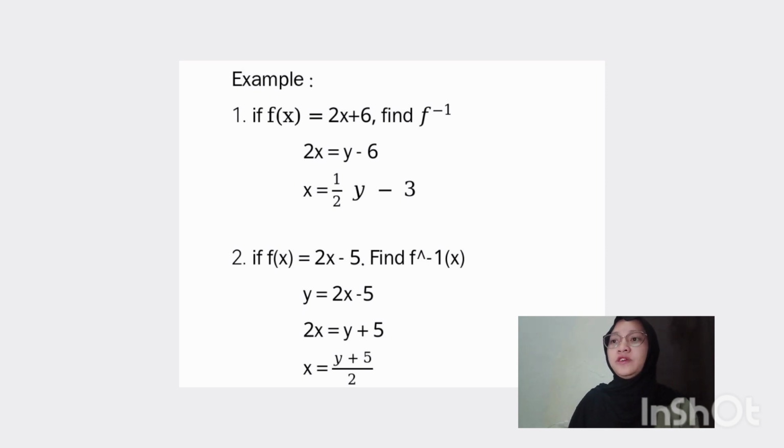Number 2, if f of x equals 2x minus 5, find the inverse. y equals 2x minus 5. 2x equals y plus 5. x equals y plus 5 over 2.